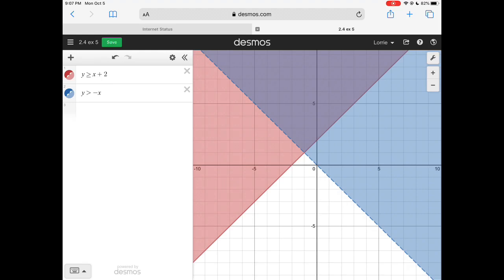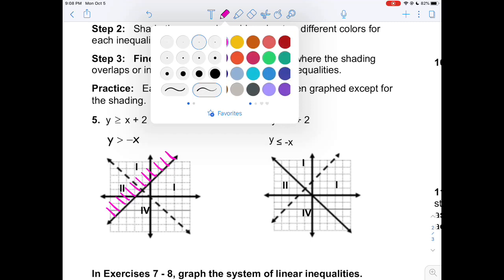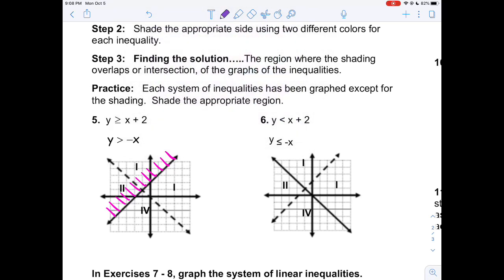We can transfer this to our notes. Transferring the information that we obtained off of Desmos, we said that we were going to shade above the x plus 2 line. So I'm going to hatch that with pink. We also said that we were going to shade above the y is greater than negative x line. So I'm going to hatch that in blue.